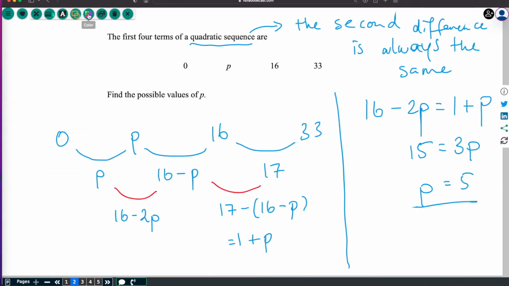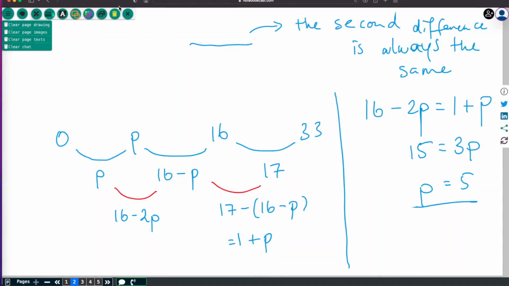Let's clear off this page. Clear images, clear drawings.